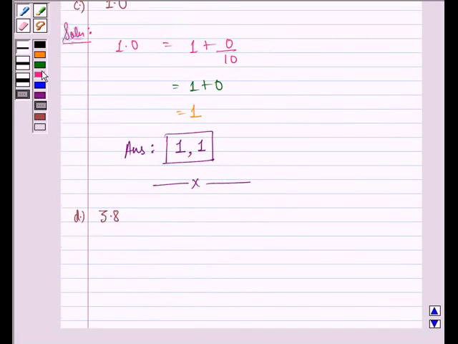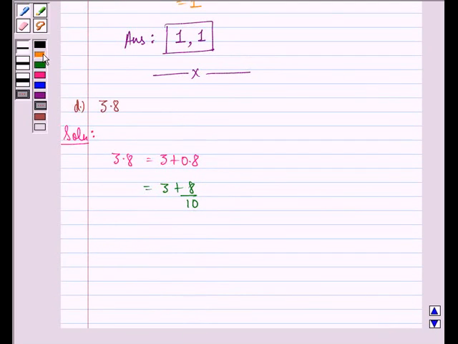Now let us see the D part, that is 3.8. We see the solution to this one now. Now 3.8 is same as 3 plus 0.8, which is same as 3 plus 8 by 10, which is equal to 30 by 10 plus 8 by 10, which can be further written as 38 by 10.